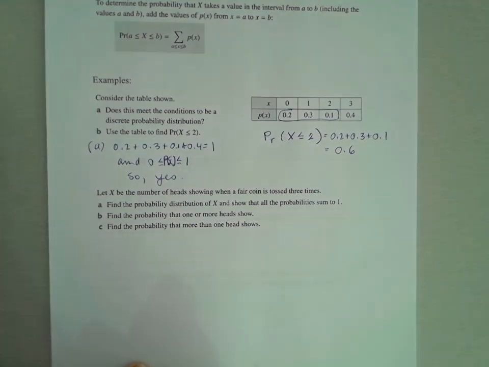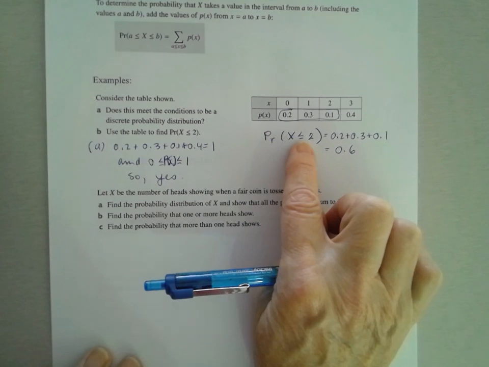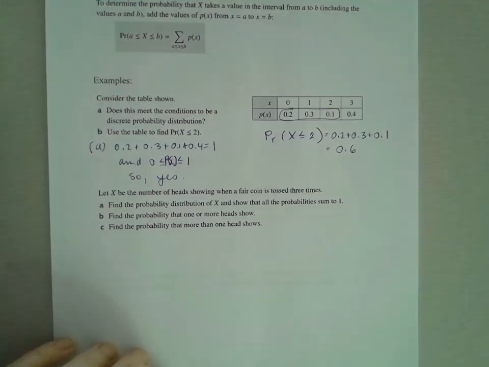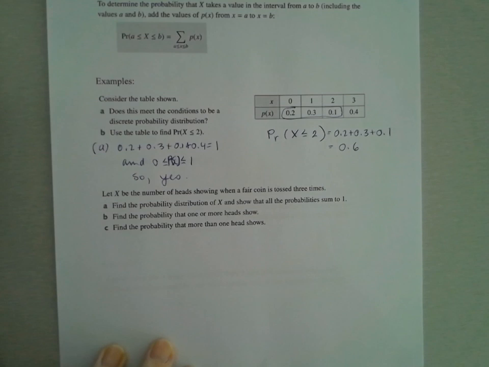Pretty easy. If it just said less than, then I couldn't count the 2, and I'd have to start with the 1. Usually in discrete, like there's an example coming up where they don't do it, but usually it's less than or equal to or greater than or equal to. Cool.